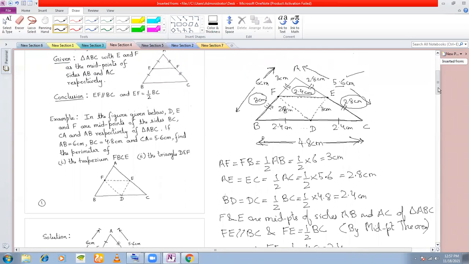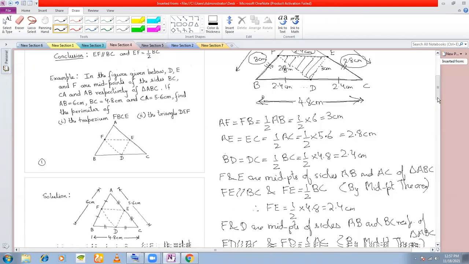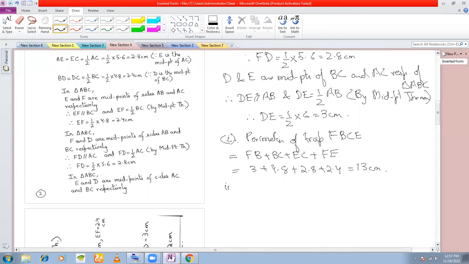Okay, second part of the question. You need to find out the perimeter of triangle DEF. Which triangle are we talking about? This triangle. What is the perimeter? You know all the sides. Just add up the sides. Perimeter of triangle DEF is equal to DE plus EF plus DF.